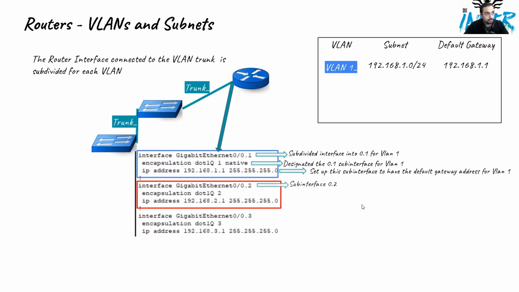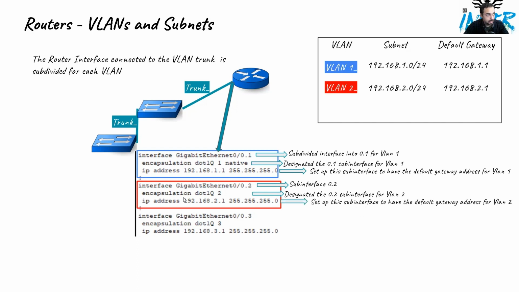So sub-interface 0.2. Encapsulation dot1q 2 means that this is designated for VLAN 2, right? And then same thing here, we set up the default gateway address that's going to be assigned to VLAN 2 for anything that's in the subnetwork 192.168.2.0/24.